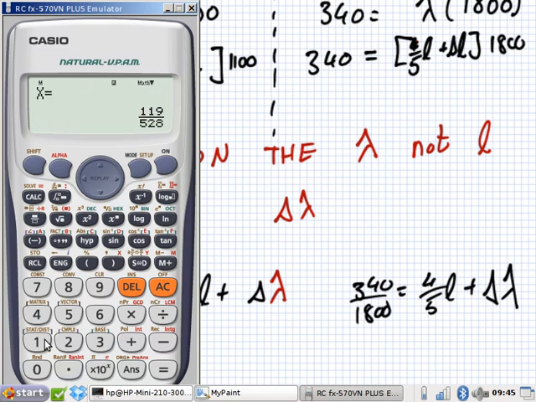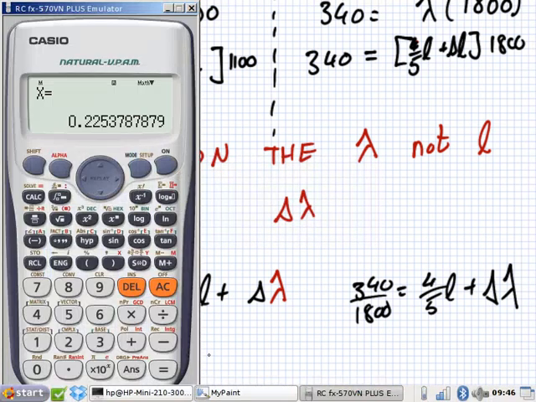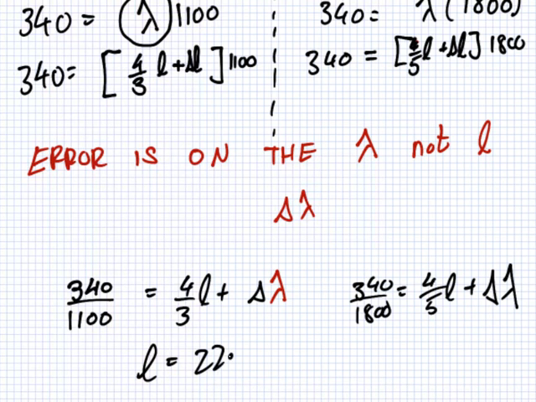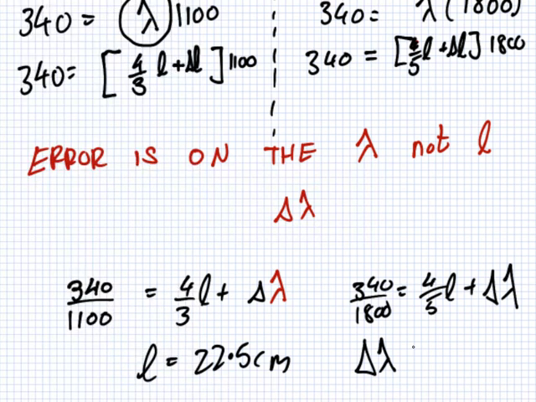So the L is 22.5 centimeters, and the error correction in the wavelength is as small as it should be, 8.59 millimeters.